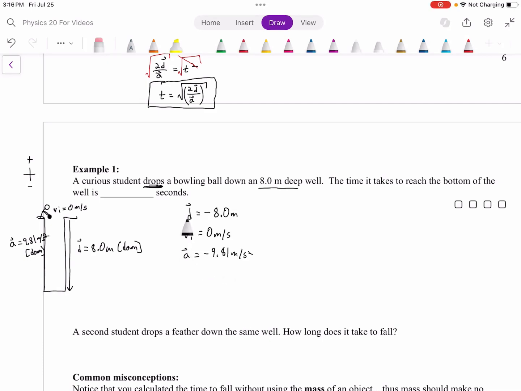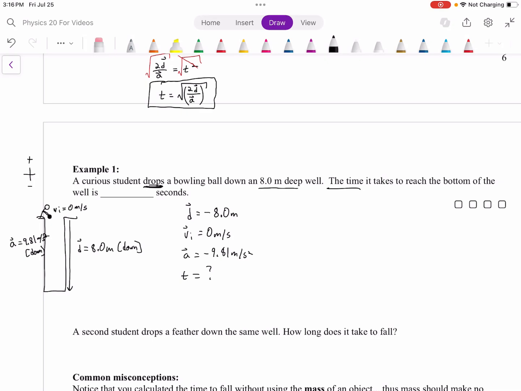Notice, like I said, they're not always just going to tell you here is the acceleration, here is the initial velocity. We have to interpret the situation sometimes. But since it was dropped, we're able to figure out that the initial velocity is 0. And since it was dropped, we know that the acceleration is 9.81 meters per second squared downwards. And we are being asked to find the time it will take.